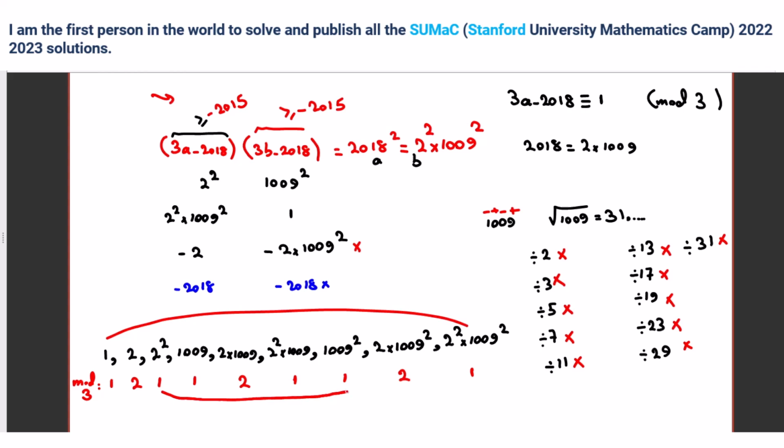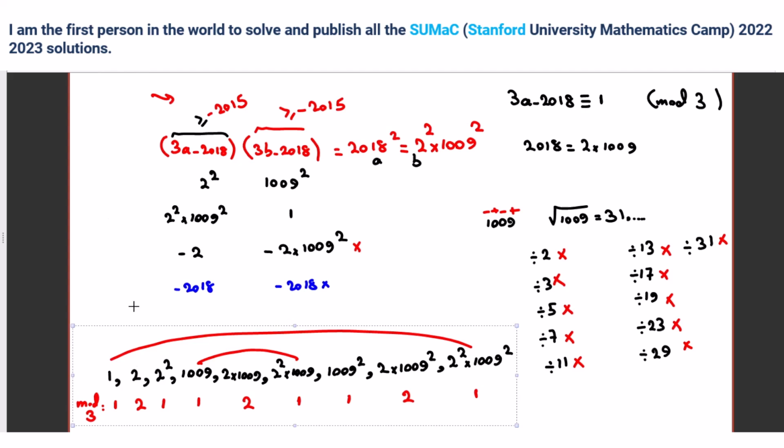This times this is good, right? 2 squared times this one is also good, right? Agreed? Yes, sir. Okay, so when we write this, we don't miss any of the cases. So the next ones are 1009 and 2 squared times 1009. So we have 3 cases in total for positive numbers, right?